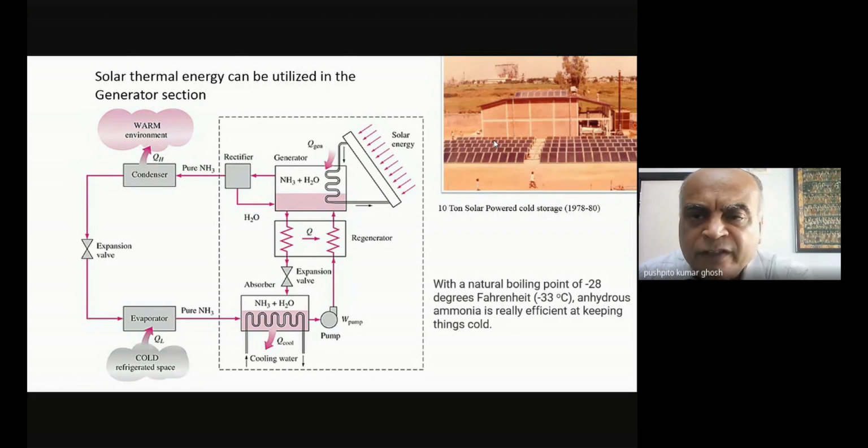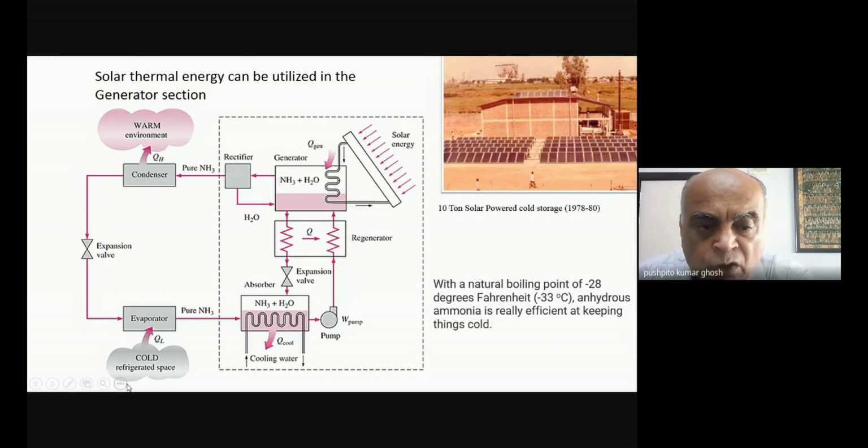So obviously, let's say this room, the air would have a certain temperature. Maybe it's quite warm. If it's in Baroda, it might go to 40 degrees centigrade. And that's what you're trying to cool down to, let's say, a temperature of 10 degrees centigrade or 15 degrees centigrade.